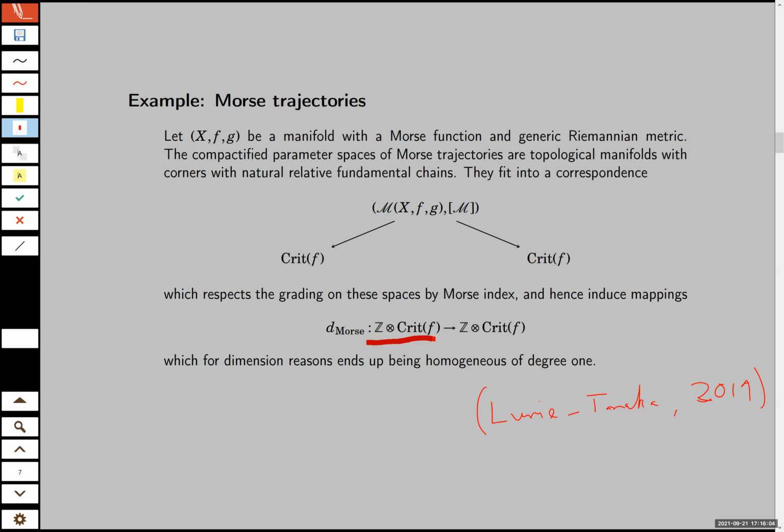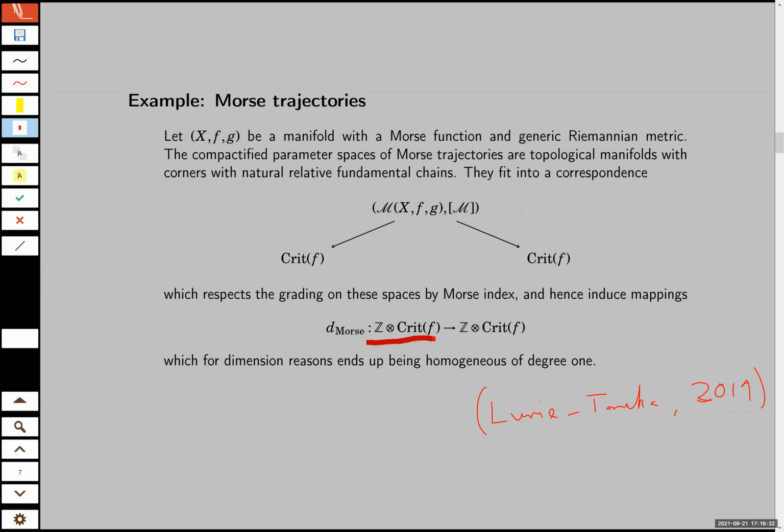And there's a Morse differential obtained by pulling back to here and integrating against the fundamental class of the moduli spaces. Because this is just a number, not a form, this is only going to be non-zero on the component where the fundamental class has degree 0, dimension 0, which is just the index 1 part. So that's why this thing ends up being homogeneous of degree 1.